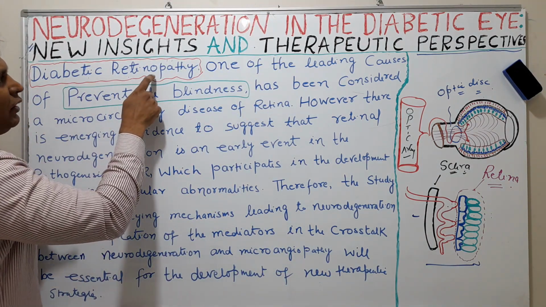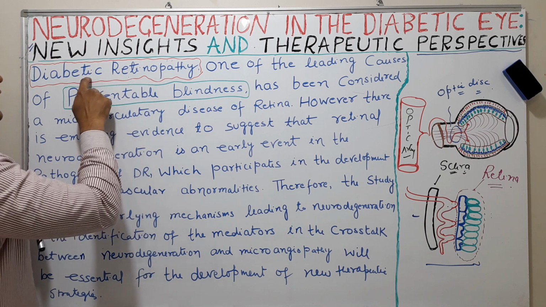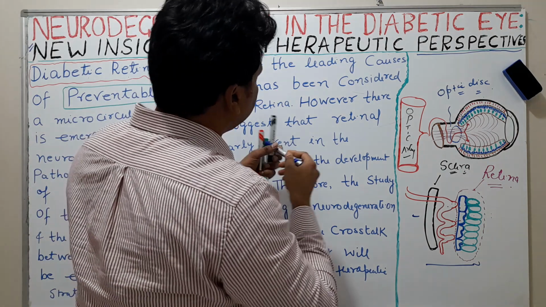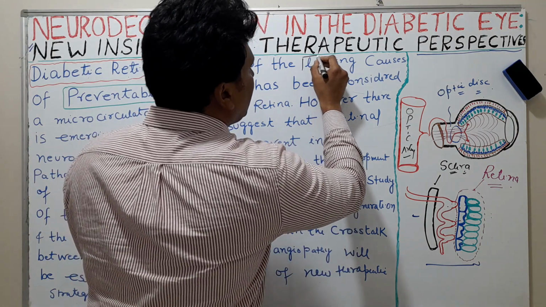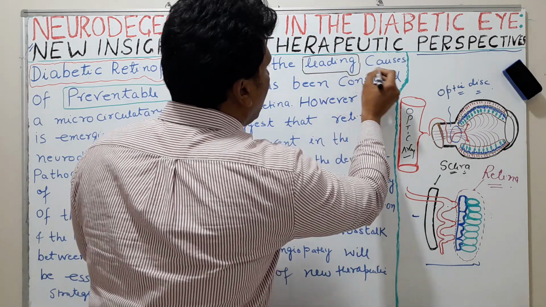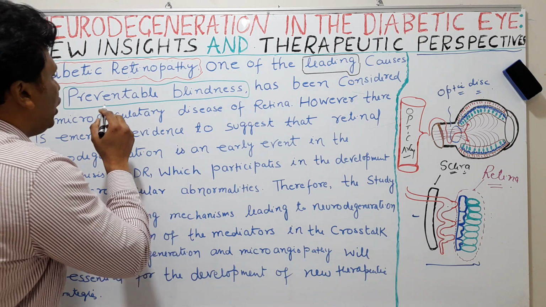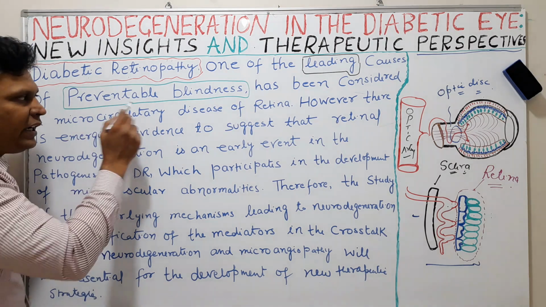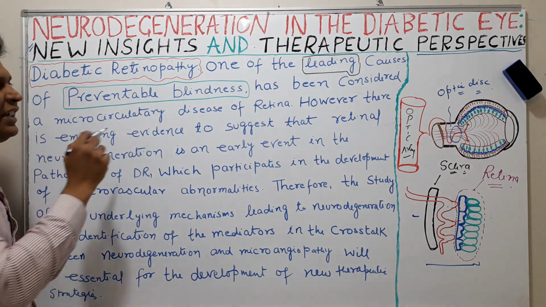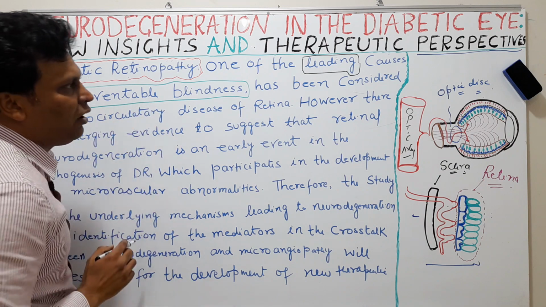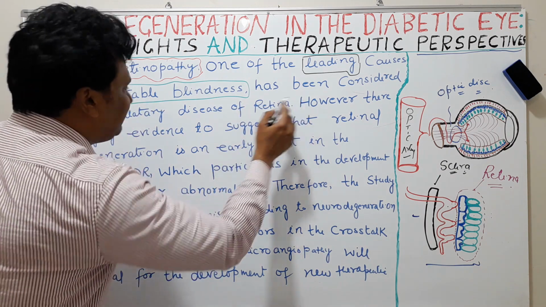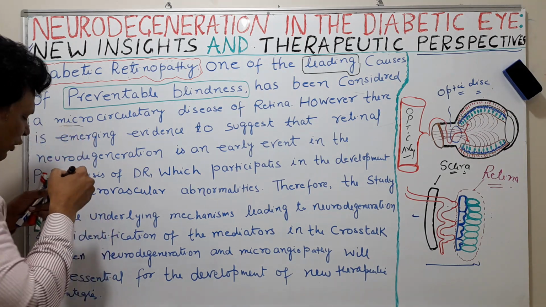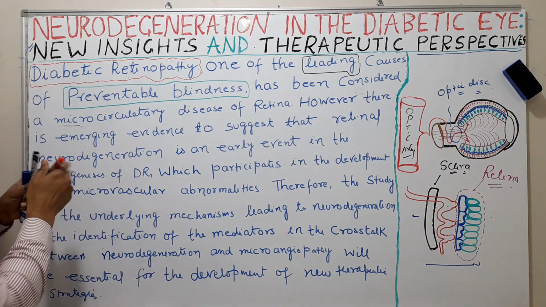So diabetic retinopathy, pathology, disease in the retina in a diabetic patient, is one of the leading causes, one of the main causes of preventable blindness. This is the meaning of preventable blindness, and this has been considered as a microcirculatory disease of the retina.